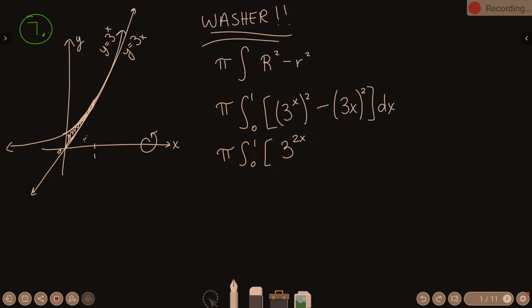And x times 2 is 2x, so 3 to the 2x. Minus, what is 3x quantity squared? 9x squared, because you're squaring the whole amount. So 3x times 3x, 9x squared.